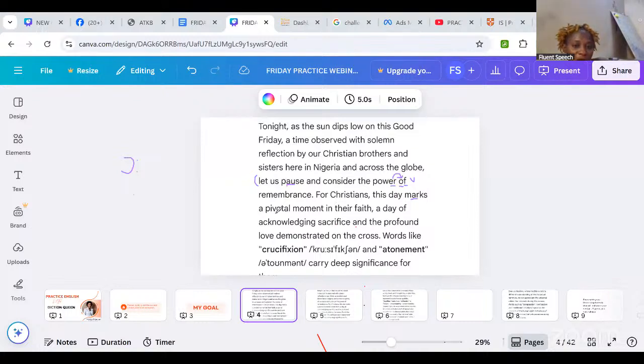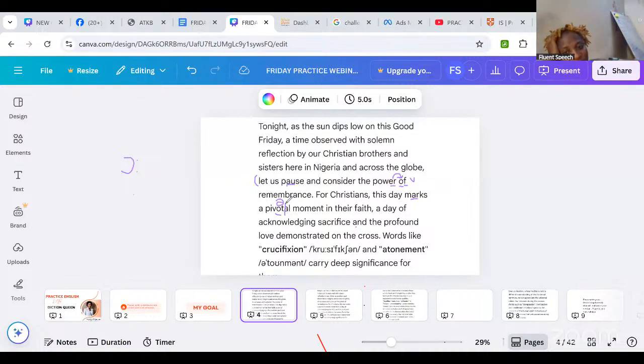The letter O here makes the sure sound. Piv, piv, v, piv. The letter A is not saying anything. So we don't say pivotal. Pivotal moment. In their faith. A day of acknowledging sacrifice.